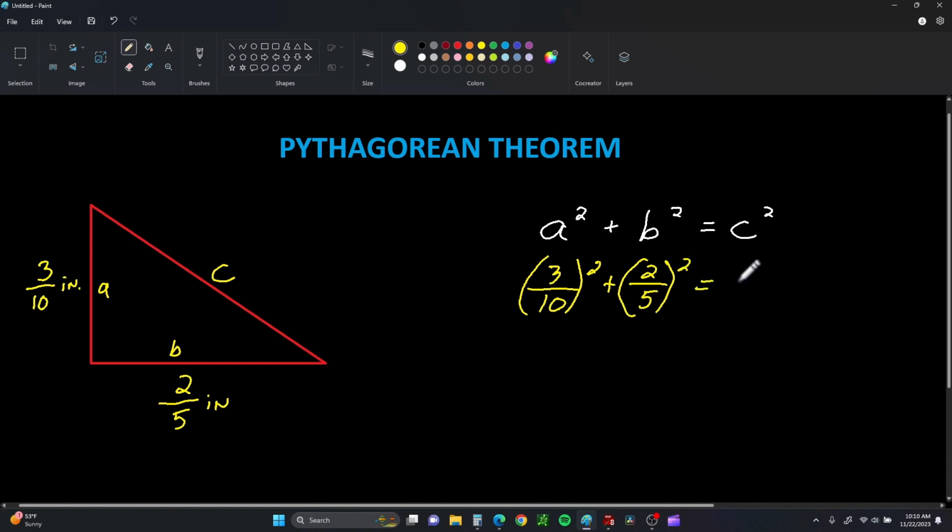And then I have to find C squared. Squaring a fraction, I personally prefer to work with fractions rather than decimals. 3 squared is 9, 10 squared is 100. And I'm going to add to that 2/5 squared, which is 4/25.